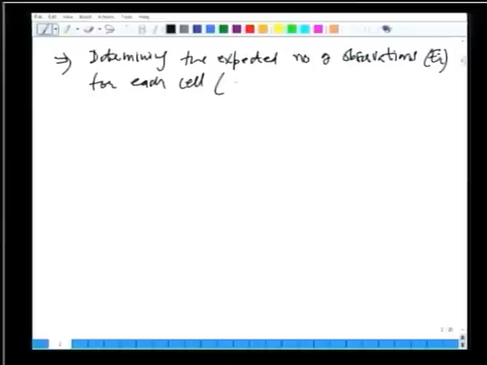Each cell meaning what? I is varying from where to where? You have K cells. So, i will vary from 1 to K, okay. And how do we find this number? According to the fitted distribution.